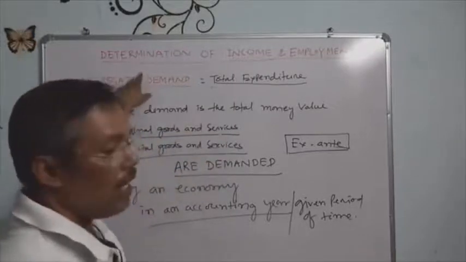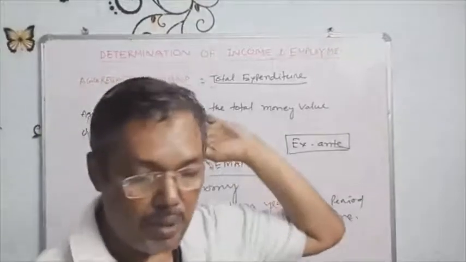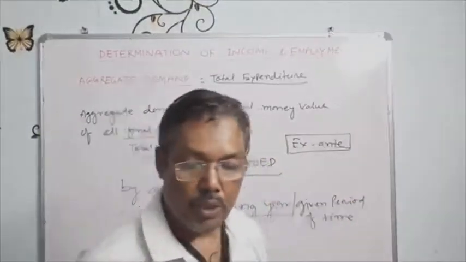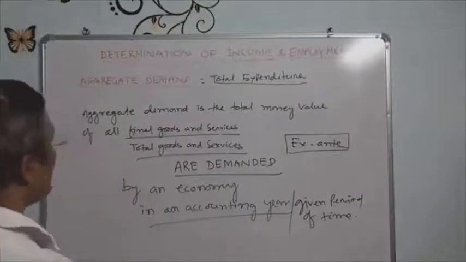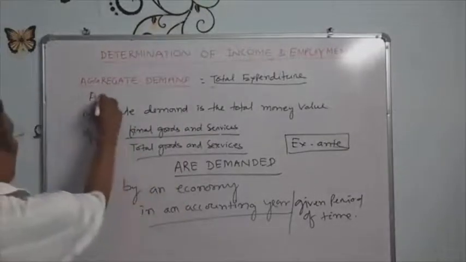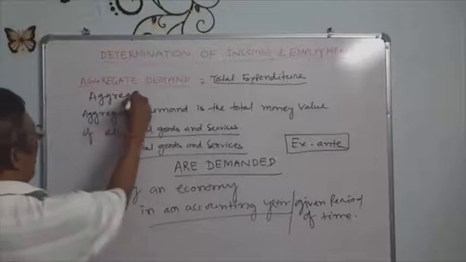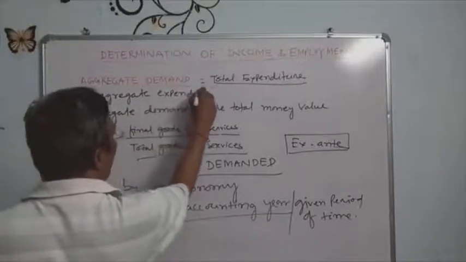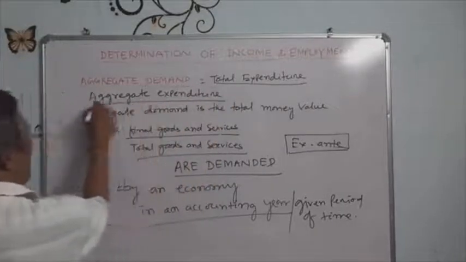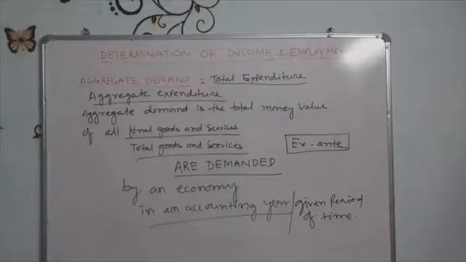That is called aggregate demand. Now it is clear what we know as aggregate demand. So aggregate demand is synonymous with aggregate expenditure. Aggregate demand is also known as aggregate expenditures.